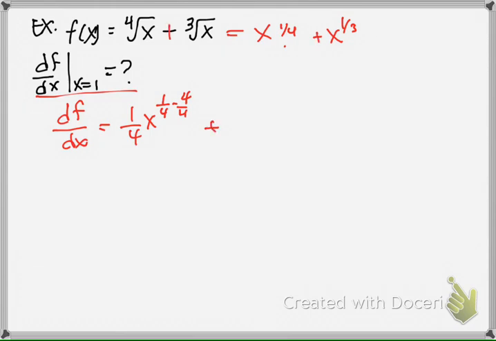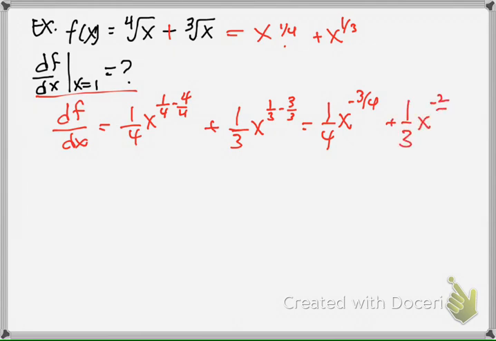And then 1/3 is my n, x to the 1/3 minus 1. So this is 1/4 x to the -3/4 plus 1/3 x to the -2/3.